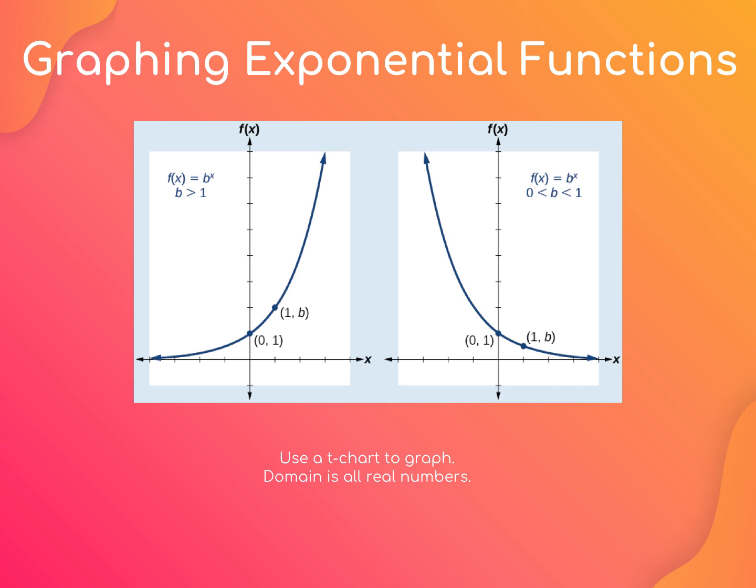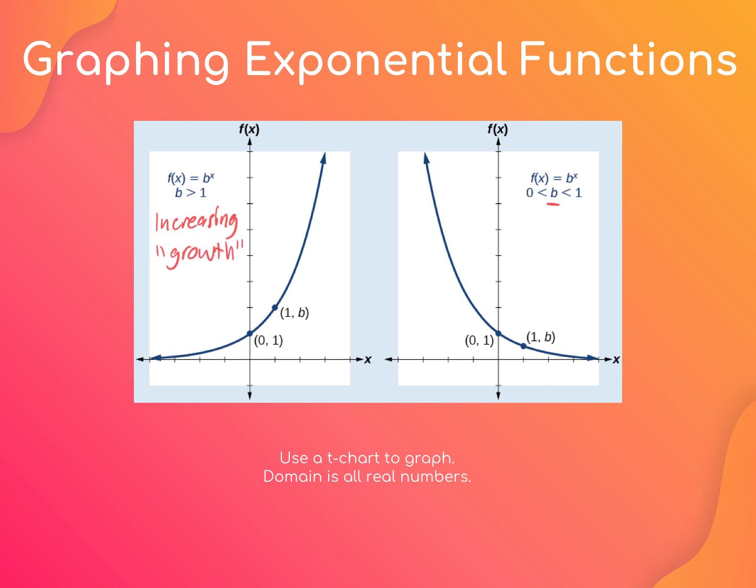In the next one, f of x is b to the power of x, we see that 0 is less than b is less than 1, so basically b is any number between 0 and 1. We see that it starts really, really high, and then as x gets bigger, it goes down, so it's decreasing. This first one is an increasing function, and we call this exponential growth.